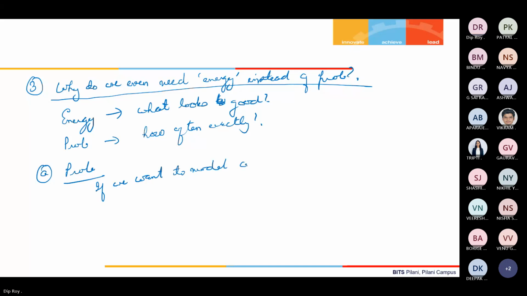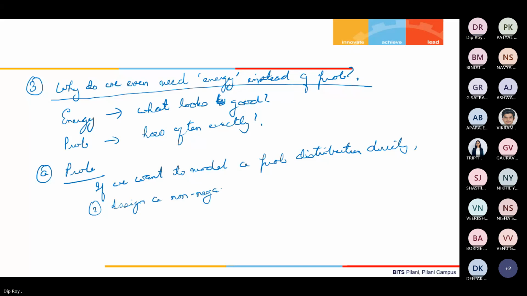If we want to model a probability distribution directly, how do we go about it? The first thing we need to do is assign a non-negative number to every possible x.